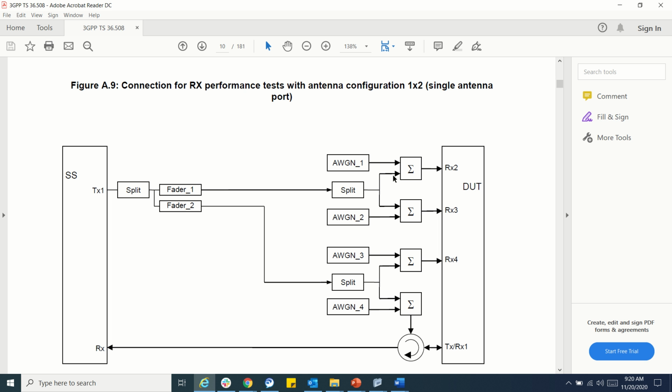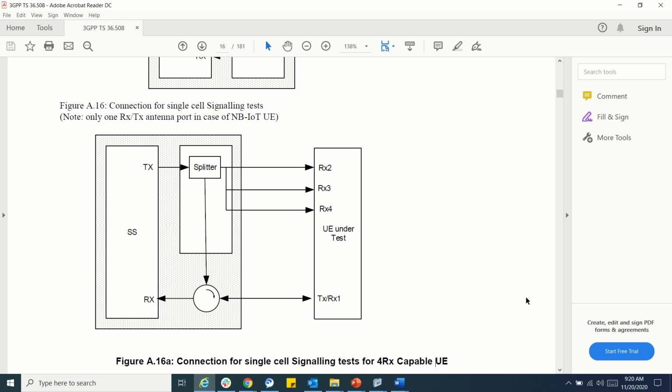So 20 dB means you will get 17 dB each, which means 3 dB less. In one of the lectures I mentioned that 3 dB means 50%. If you take 10 log of 0.5, you will get around 3. So this kind of diagrams are available.